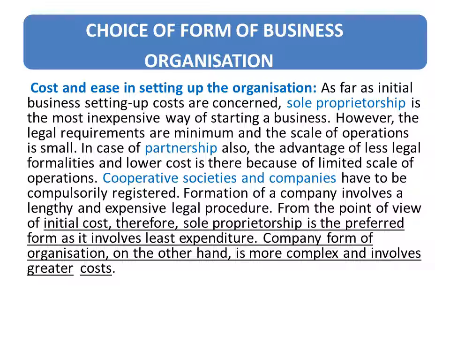Cooperative societies and companies are compulsorily registered, and this involves a few more expenses. But the formation of a company is comparatively a lengthy process and involves lots of legal formalities.